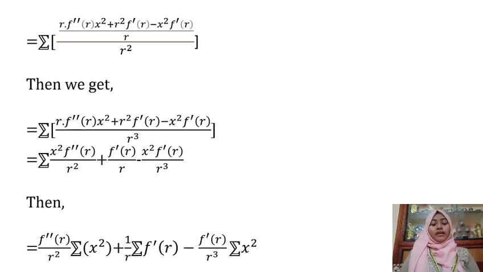After separating the whole expression into three terms, we can write them separately: summation x square f double dash of r by r square plus f dash of r by r minus x square f dash of r by r cube. So now we can write summation of x square f double dash of r by r square, plus 1 by r summation f dash of r, minus f dash of r by r cube summation x square.